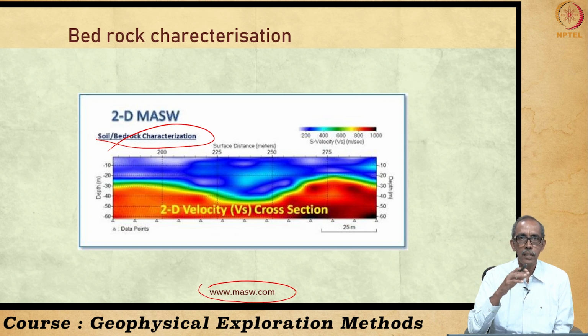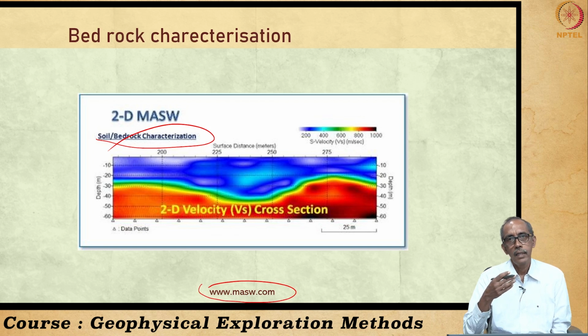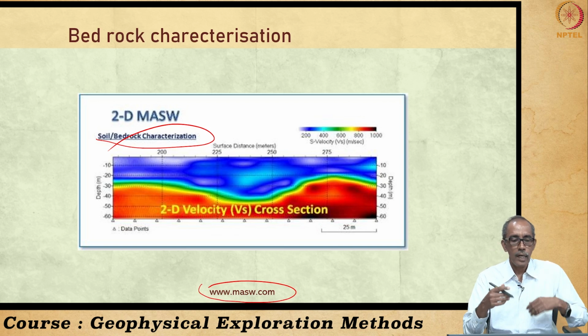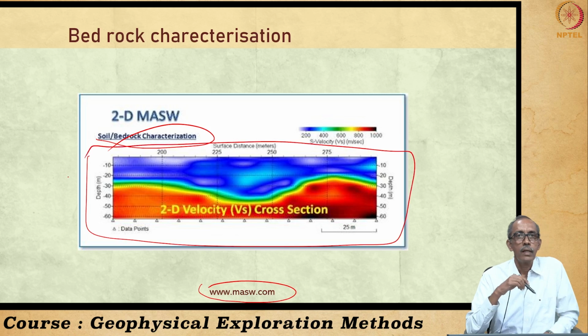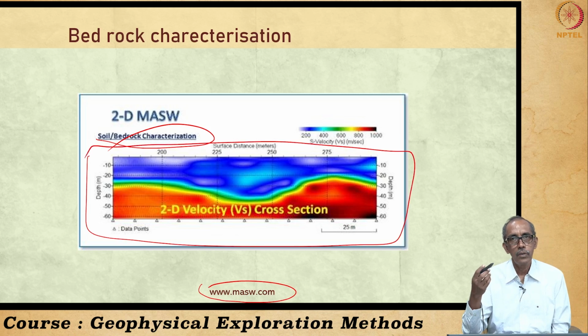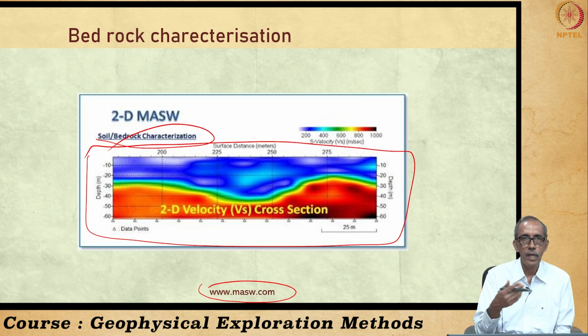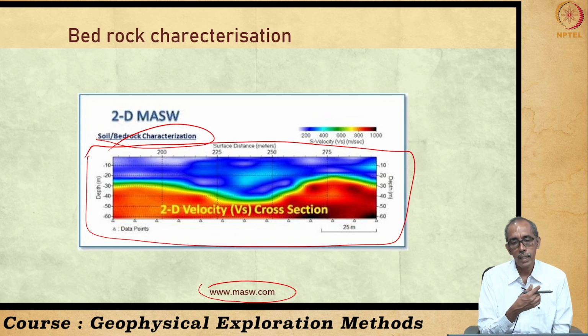When the velocity of shear waves is much lower, the rocks are very weak. Hence, we are able to get a nice idea about the subsurface after arriving at a cross section of the velocity. So, here you have a beautiful cross section of the velocity distribution below the surface of the earth.